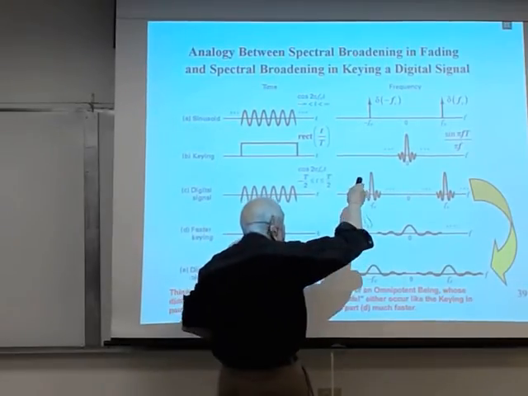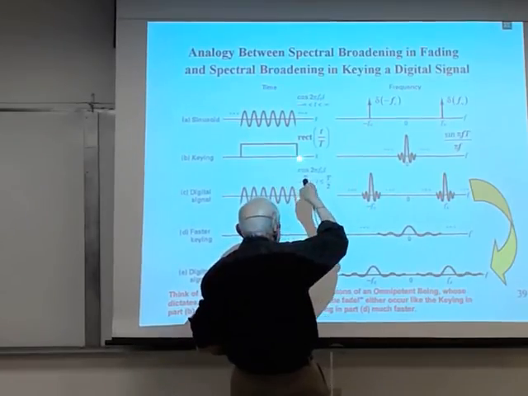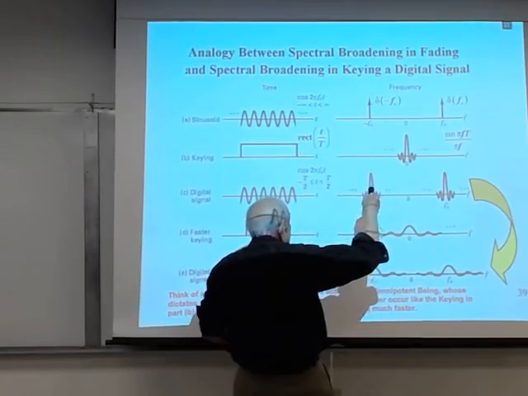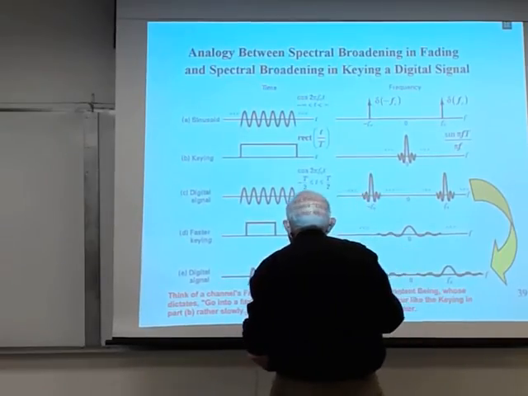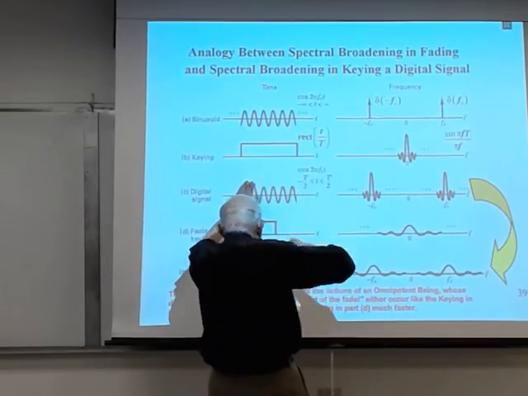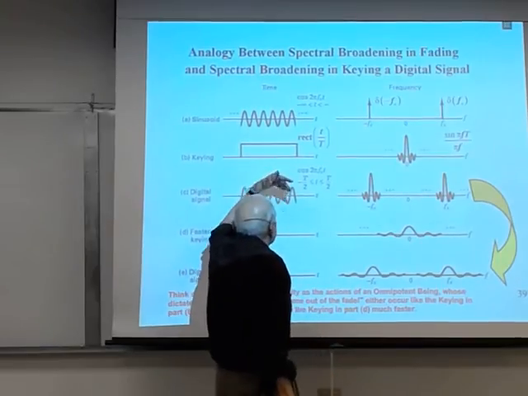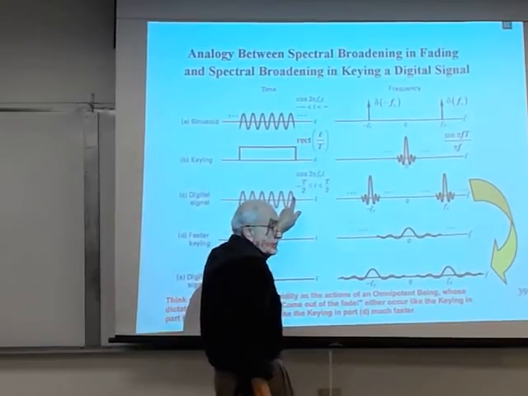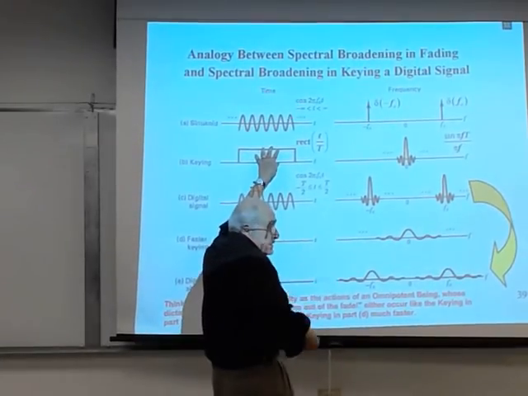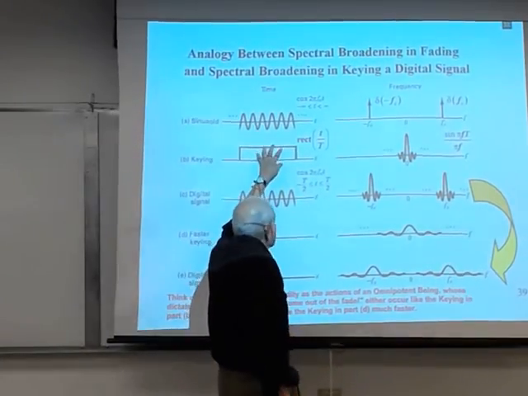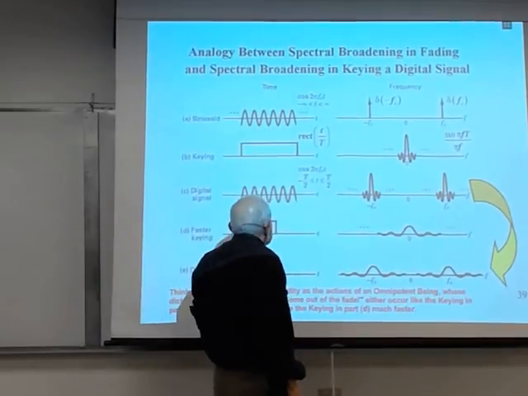Well, when I look at the spectrum of a rectangle, I get a sinc function. And so notice, in the time domain, I see my waveform that comes out by multiplying by the rectangle. Basically, keying is a switch. This is the switching function times the ongoing sinusoid.